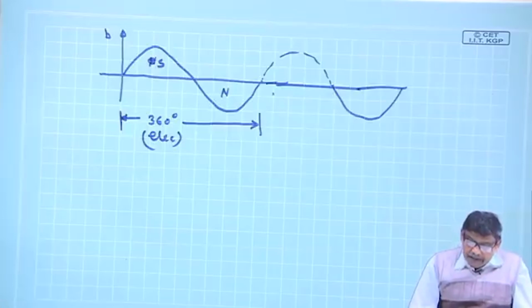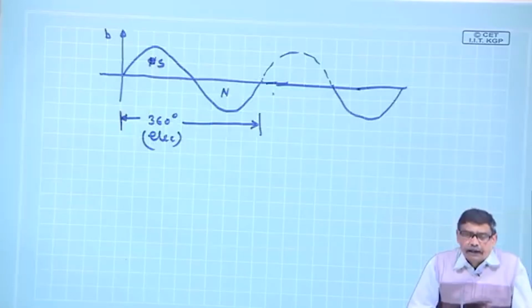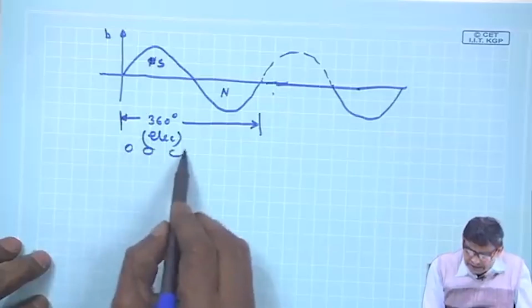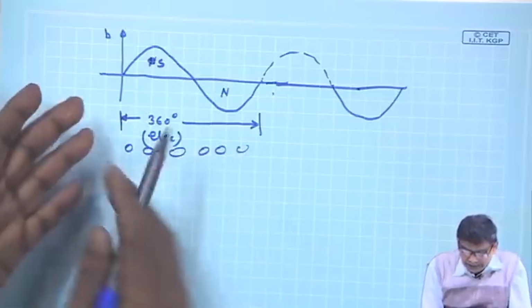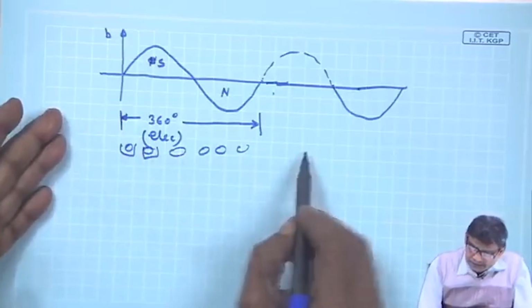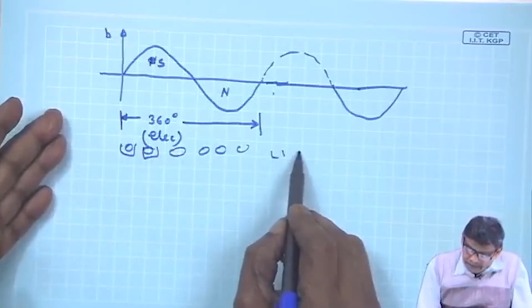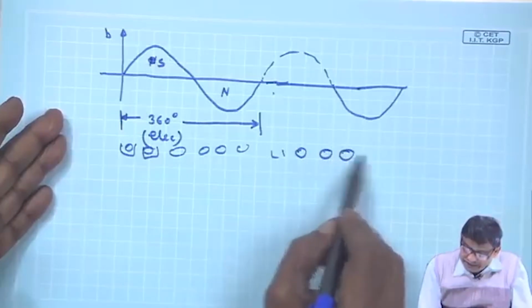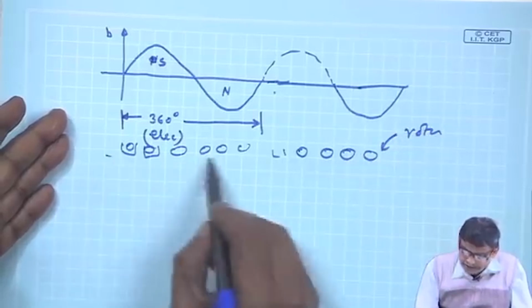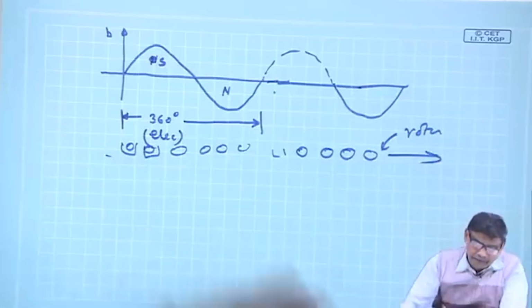At any instant of time, listen carefully, these are very easy, logical things. There will be conductors here, because they will be distributed in slots like this, as we will see. But these are rotor conductors, placed in slots, and they are moving.